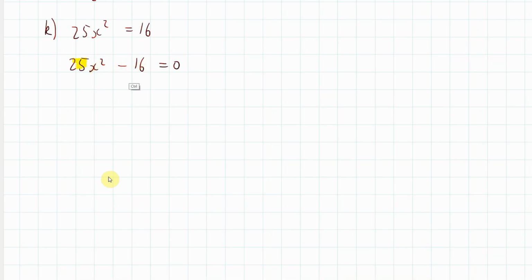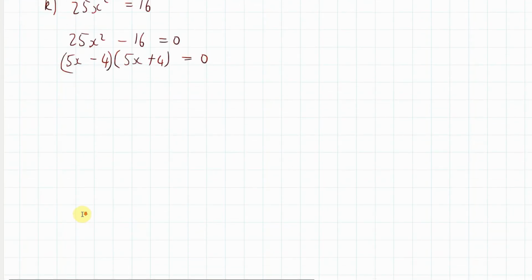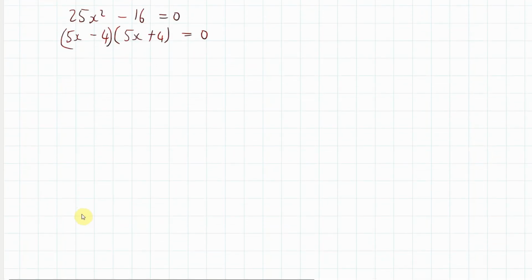So we're talking about the difference between two squares here. How I would solve this is I'm going to go 5x minus 4 bracket, bracket, and then 5x plus 4 equals 0. So I've taken the square root of both of these. Therefore we can now say that x is equal to 4/5 or minus 4/5.